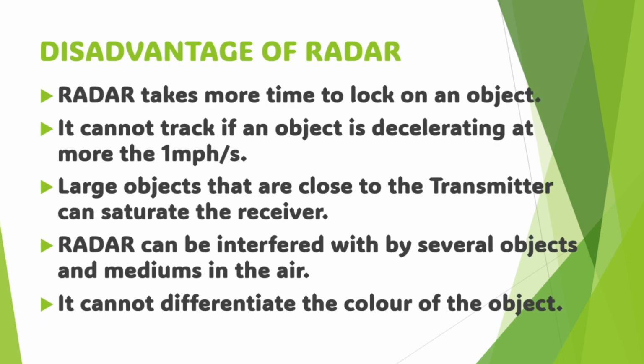Next, come to the disadvantages of the radar system. Radar takes more time to locate an object. Large objects that are close to the transmitter can saturate the receiver. This is one more disadvantage of the radar system.